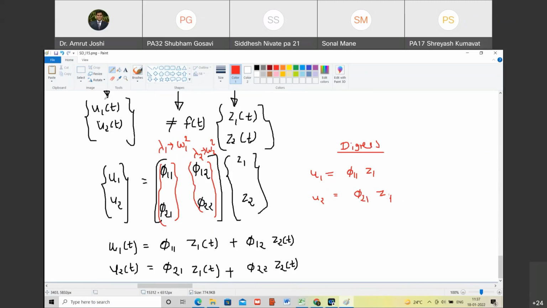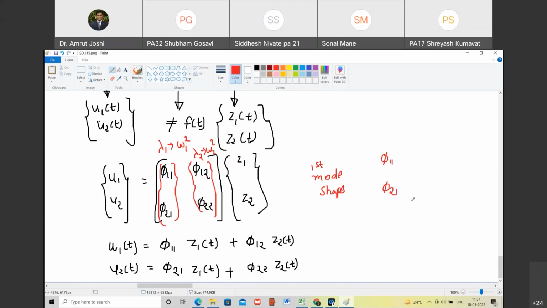Now look, by definition we call this first eigenvector the first mode shape. Are you with me? What will we call it? First mode shape. Let me write it here. What is the meaning of this first mode shape? Whenever the first degree of freedom m1 displaces by amount phi 11, the second degree of freedom will displace by amount phi 21.